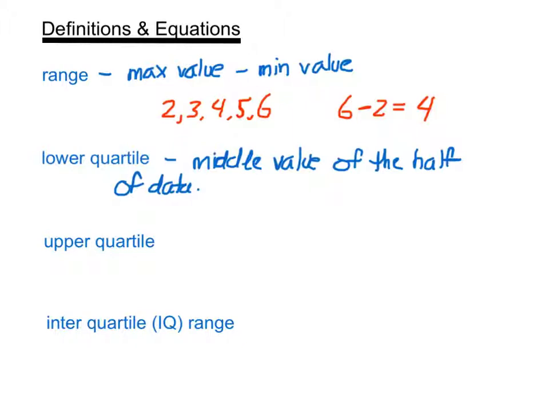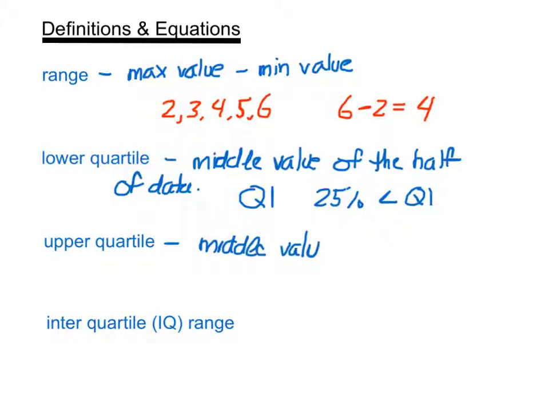And so in this case, we need to find the median first, and then we can split the lower half of the data set again to find the lower quartile. And we call the lower quartile Q1. And if we know this value, we know that 25% of the data is less than Q1.